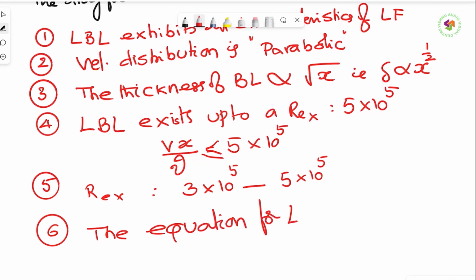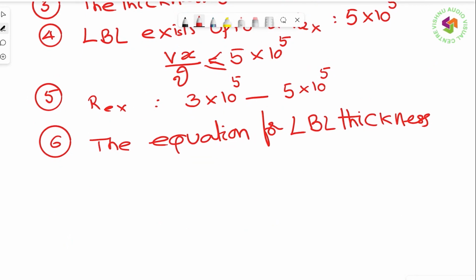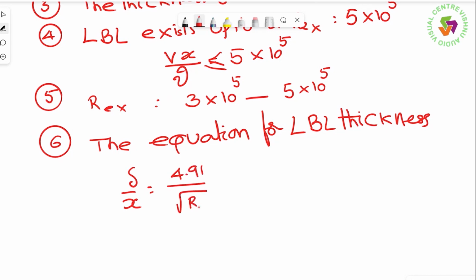Next, the most important point, the equation for laminar boundary layer thickness, because the derivations are not there in the curriculum. So only we need to note the equations and work out the problems. So it is delta by x is equal to 4.91 by root Rex.